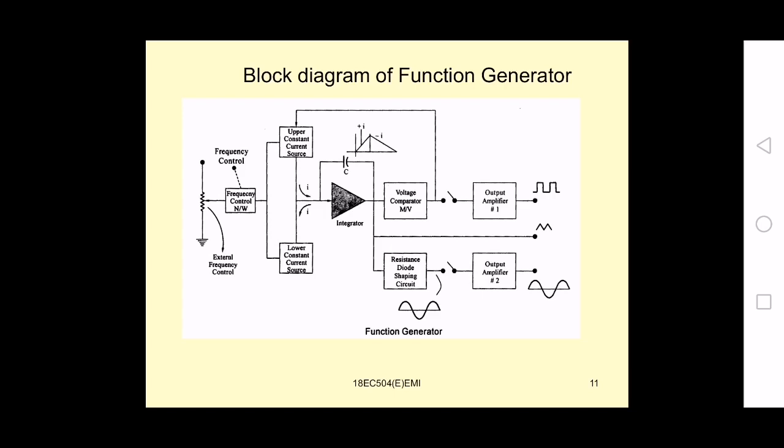So here the frequency is controlled by varying the capacitor in the LC or RC circuit. So the frequency control network, that frequency is controlled by varying the capacitor. Either you can use an LC tank circuit or an RC tank circuit.